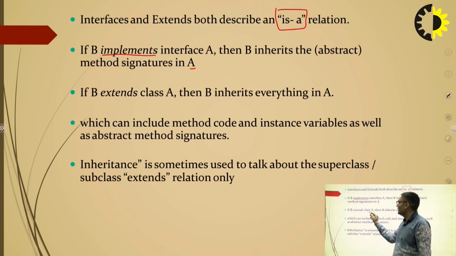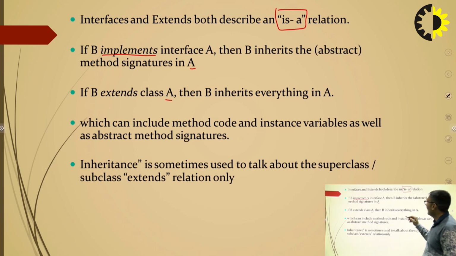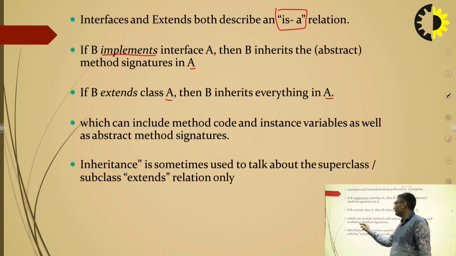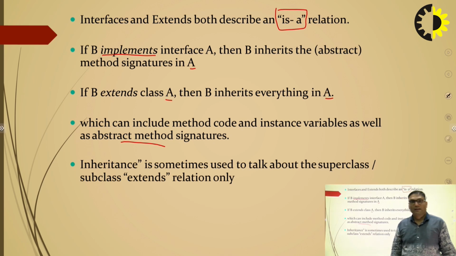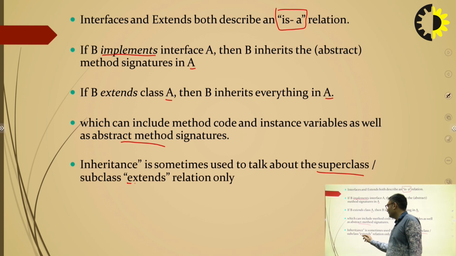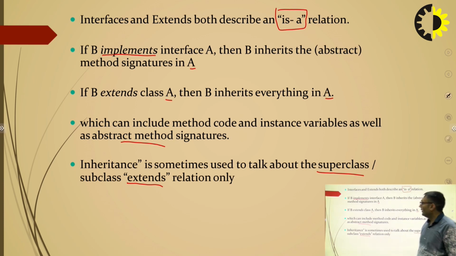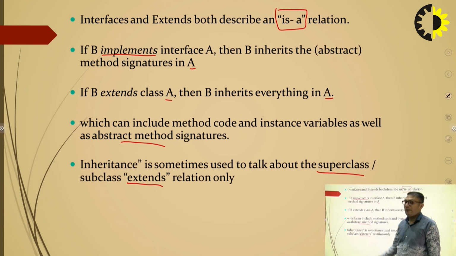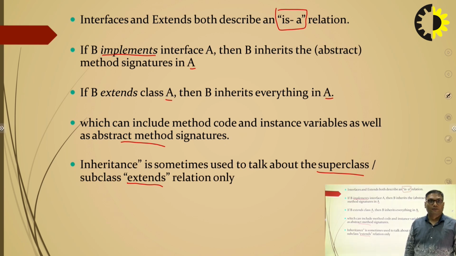If B extends class A, then we inherit everything inside A, which can include method code and instance variables as well as abstract method signatures. So a class can have all these things. Inheritance is used to talk about the superclass and subclass extends kind of relationship, but here the keyword is implements in the case of interfaces.